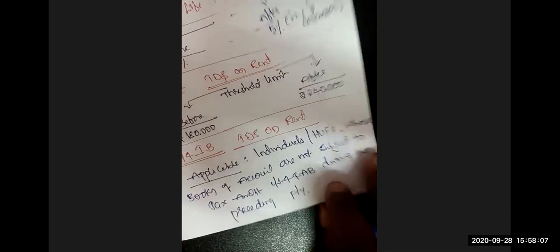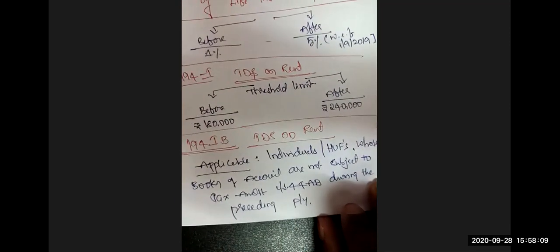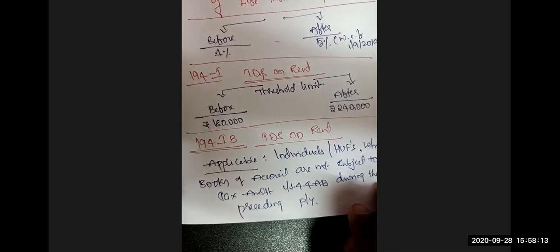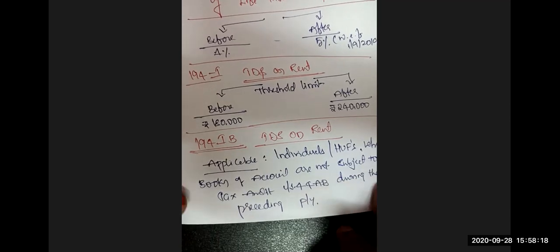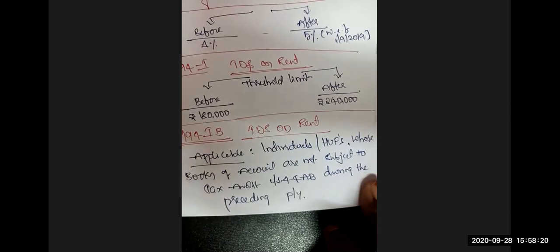If that individual's or HUF's books of accounts are subject to tax audit during the preceding previous year, they will be covered by 194I. If their books of accounts are not subject to tax audit, then they will be covered by 194IB.